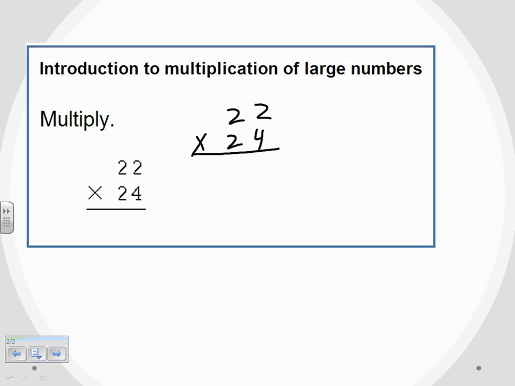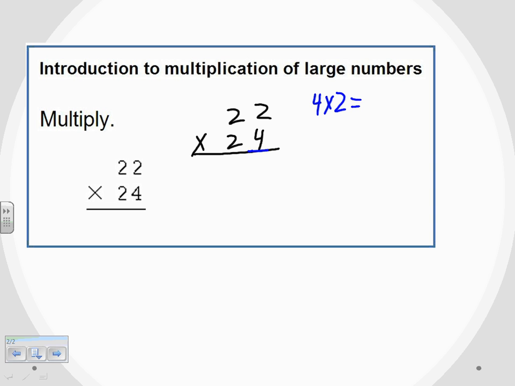Now, when we multiply, we can only multiply one digit at a time. So we're multiplying by the number on the bottom. I'm starting off with this 4. As I multiply by the 4, I multiply the things on the top, starting on the right-hand side. So first, the 4 times the 2, the 2 right above the 4.